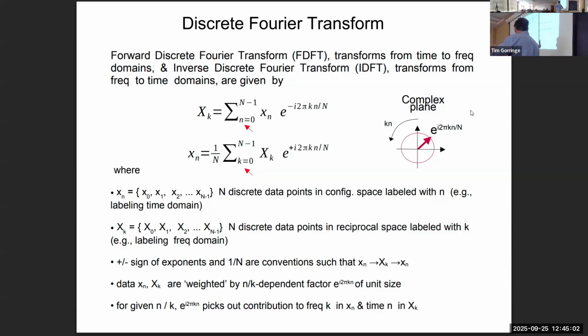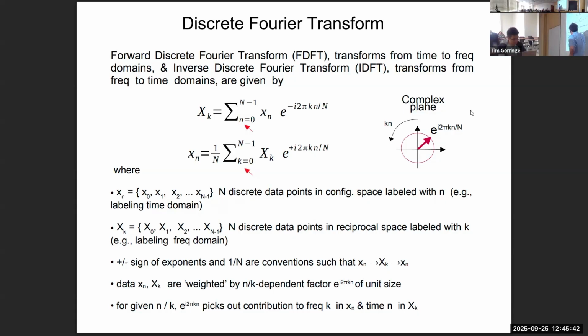I labeled the time series data with lowercase x subscript n, where n is the index of the time samples, and I've labeled the frequency data as uppercase X subscript k, where k is the index of the frequencies in the frequency data. And so here in curly brackets, I'm imagining some set of time series data in the time domain.